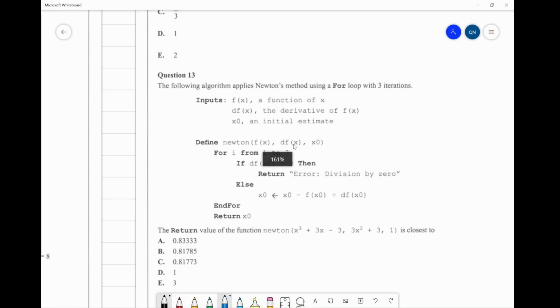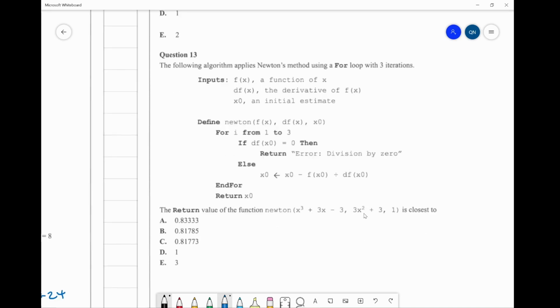So question 13, we have Newton's for loop. The return value of this function Newton, we have 2 polynomials, really. Oh, because this is just a derivative, and then comma 1. What's 1? 1 is x0.